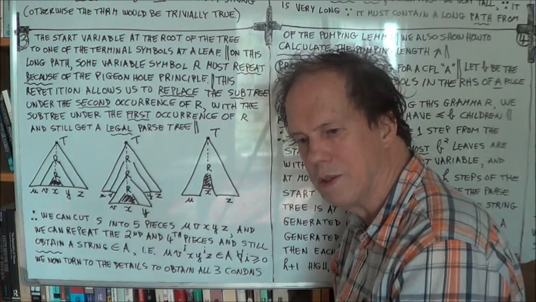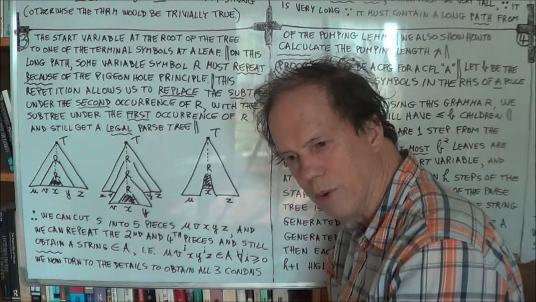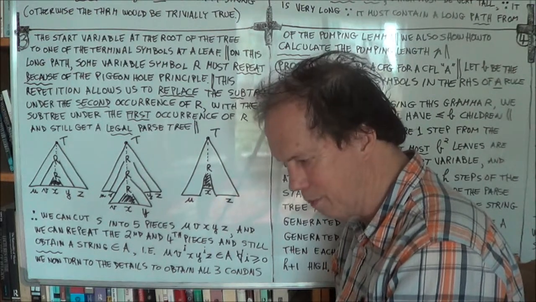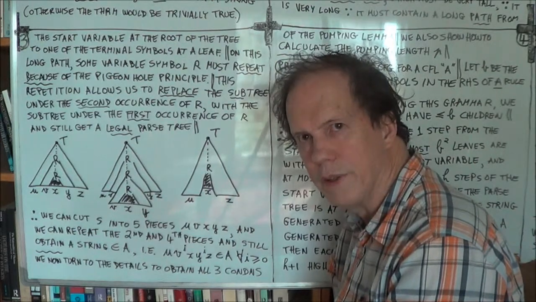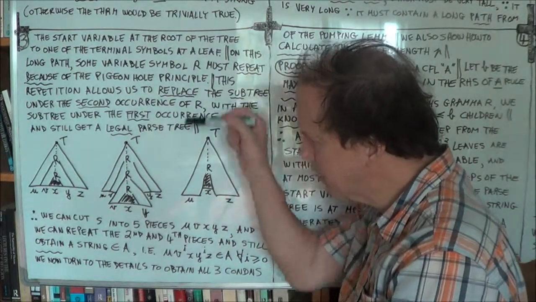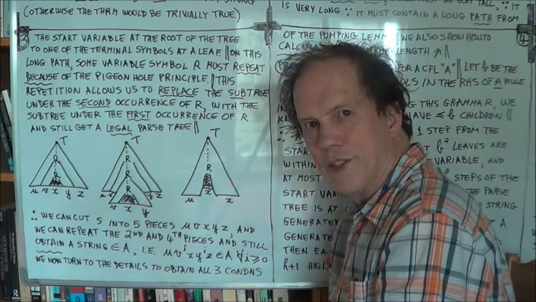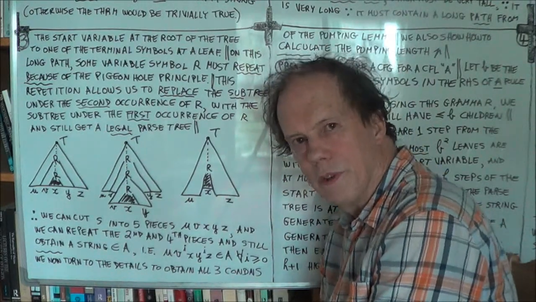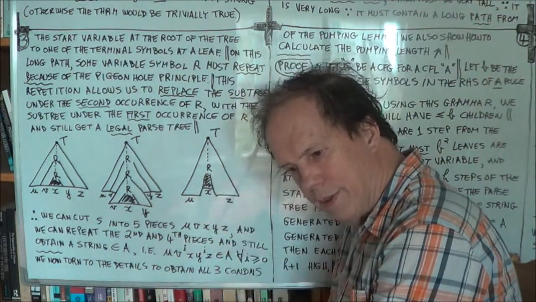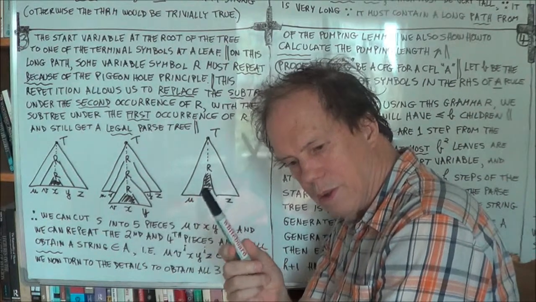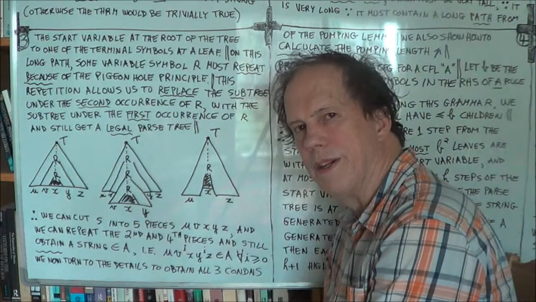So by using the ideas of the pigeonhole principle that we used before in the previous proof of a pumping lemma, we'll do something similar, and we'll actually prove that that's the case. As you go down this long path in the derivation, the parse tree of the single string we're talking about, s, you will come across, in at least one instance, a variable that gets repeated.